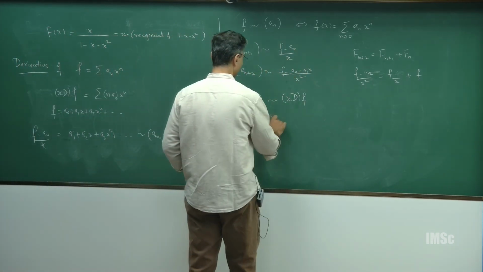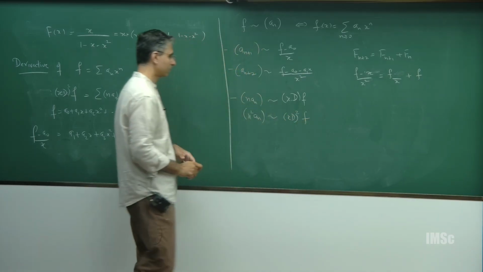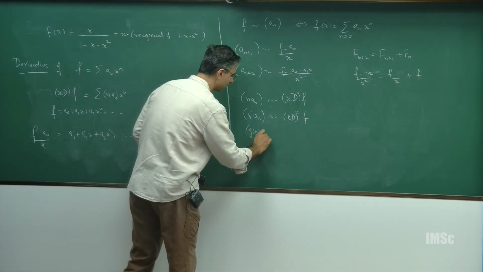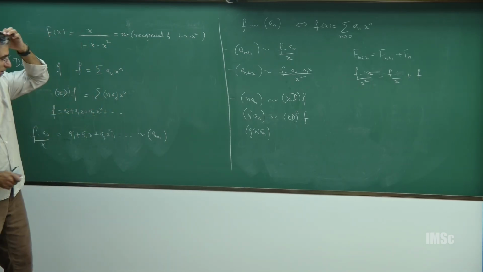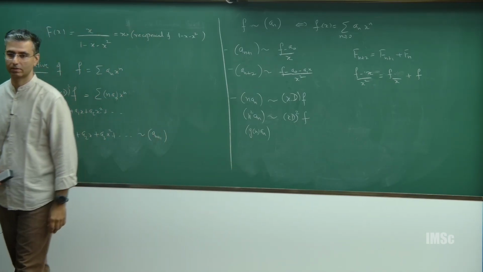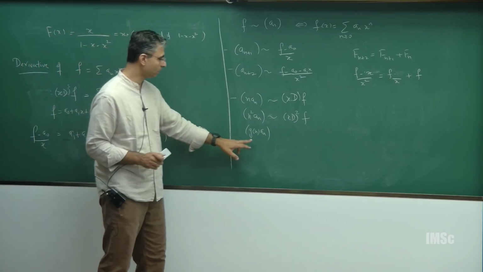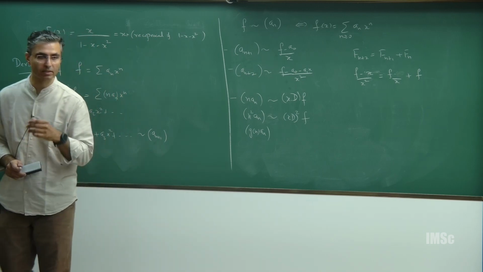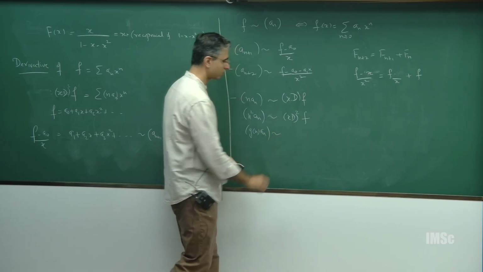Now what you can say is, okay, what if there is some polynomial in n? Let us say g is some fixed polynomial, we are evaluating it at n and multiplying it with the nth term. What is the corresponding series for that?